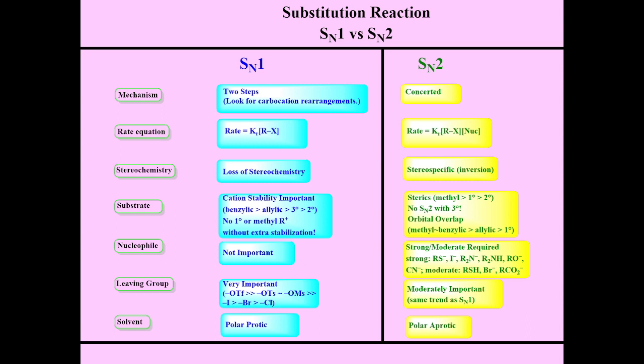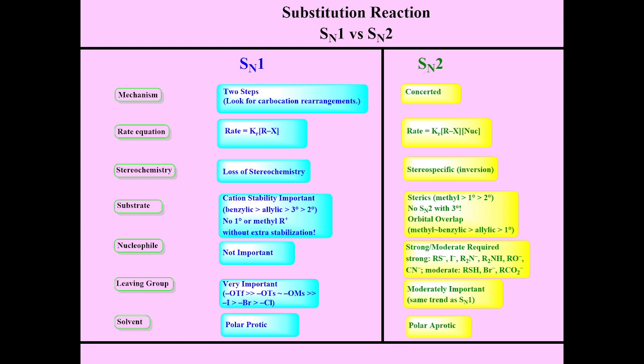Comparing the solvent, for the SN1 reaction, as the reaction intermediate is a carbocation center, a polar protic solvent will facilitate the SN1 reaction and the reaction will proceed very fast. Whereas in case of SN2, as the reaction passes through a transition state, there is no particular development of a full charged center, therefore the role of polar aprotic solvent comes into play, and in polar aprotic solvent the SN2 reaction will proceed very well.